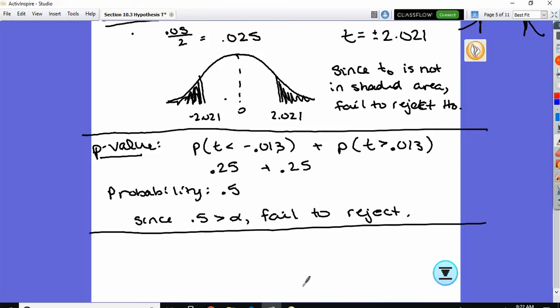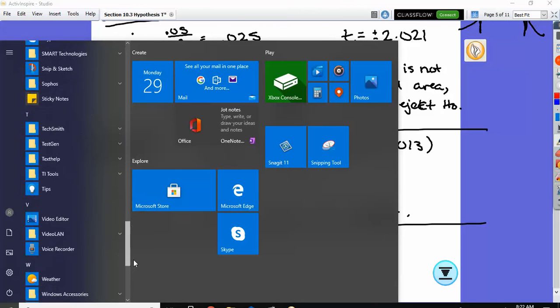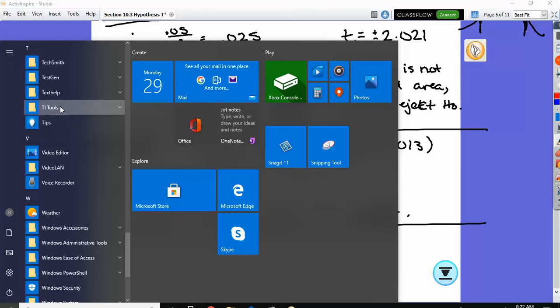Okay, so we're seeing some major limitations with this. We have a lot of guesswork here because our table just isn't good enough. So in general, we will do these problems on the calculator.